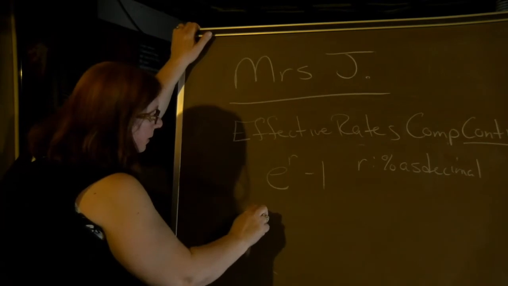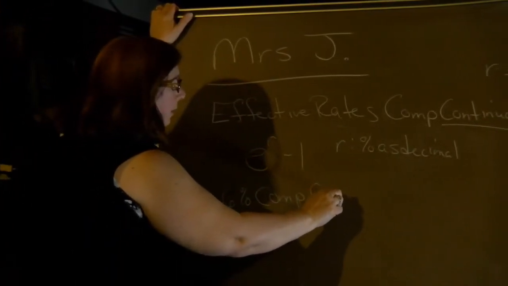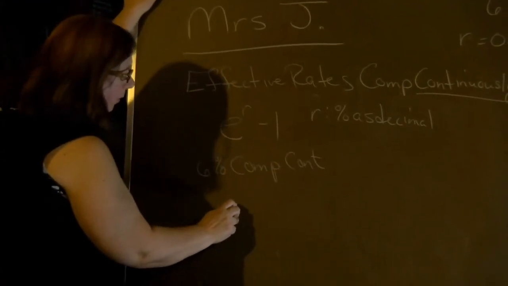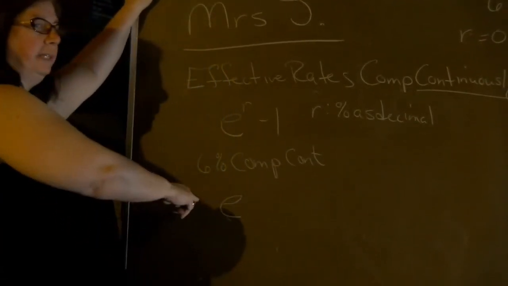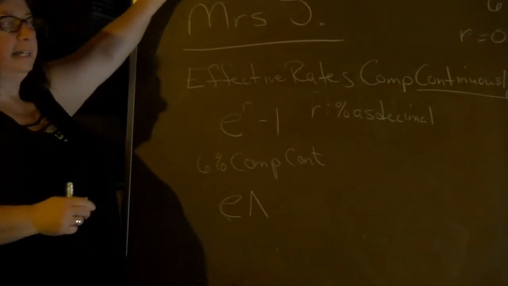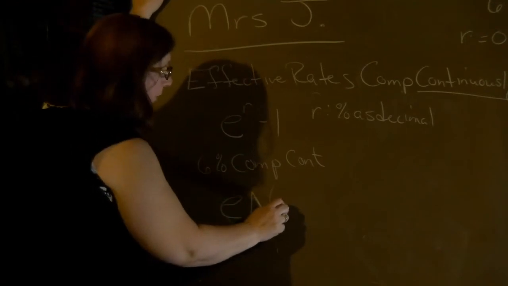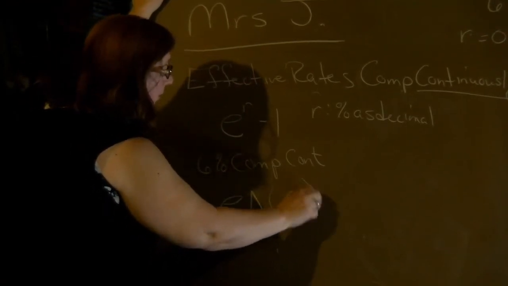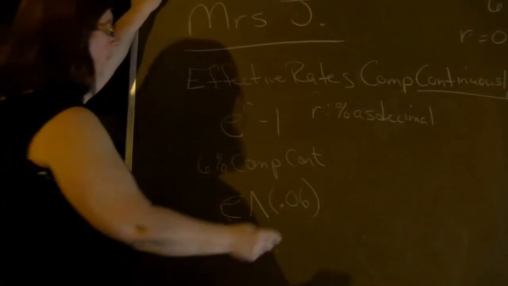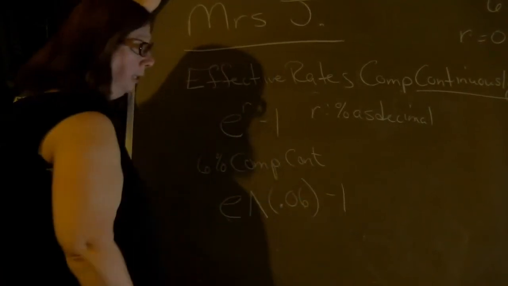So if we find 6% compounded continuously, then we're going to have E, and when you bring this up, it will bring a caret, which means exponent, and a parenthesis. You'll put your decimal of your interest rate, and then close the parenthesis before you subtract 1.